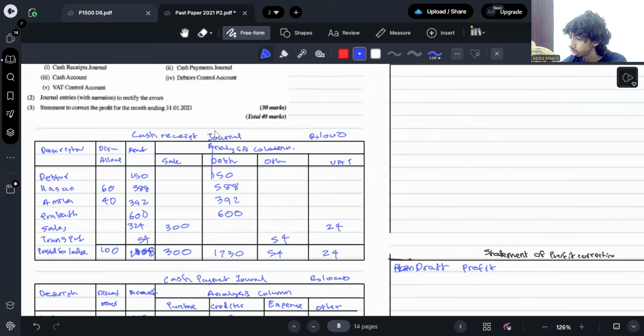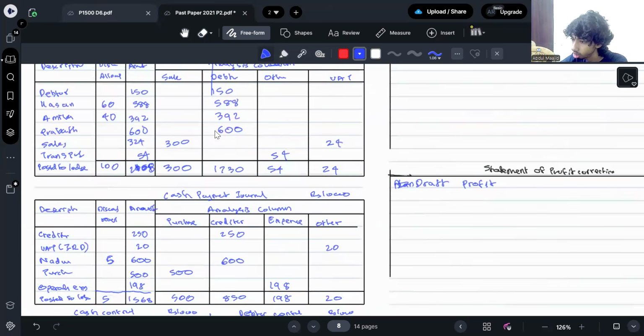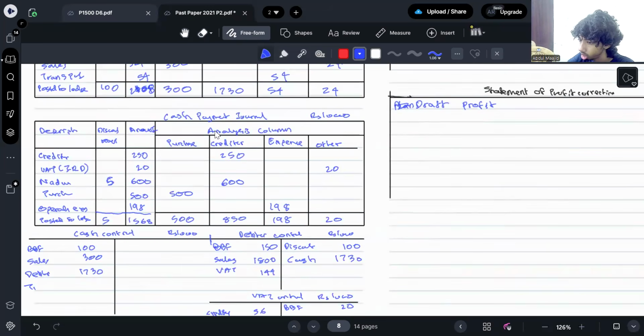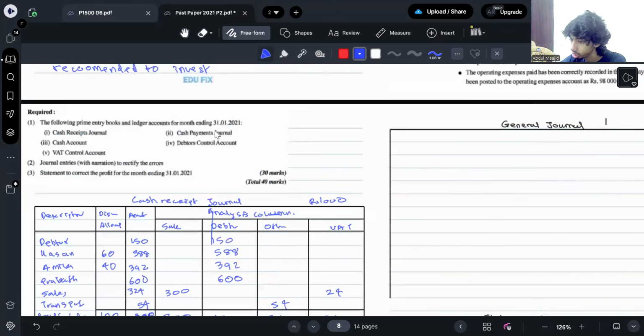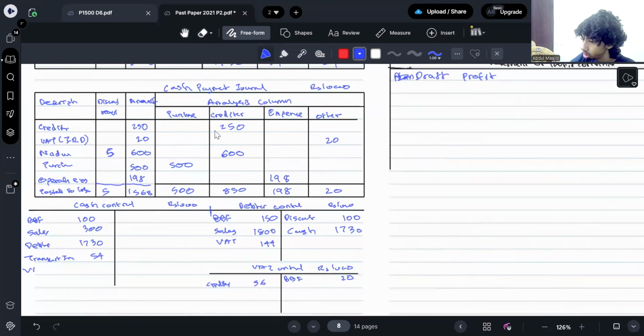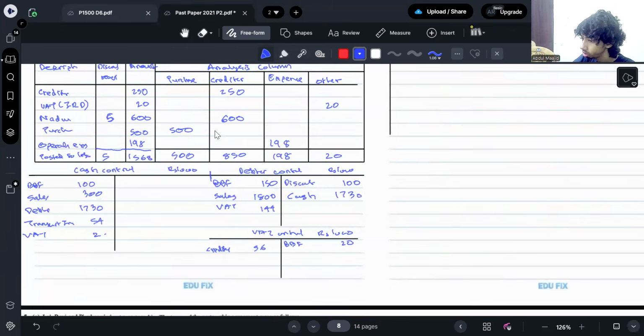Other is the transport. You can say transport income 54. And the VAT on sales, VAT control 24. Then VAT control account credit, cash 24.